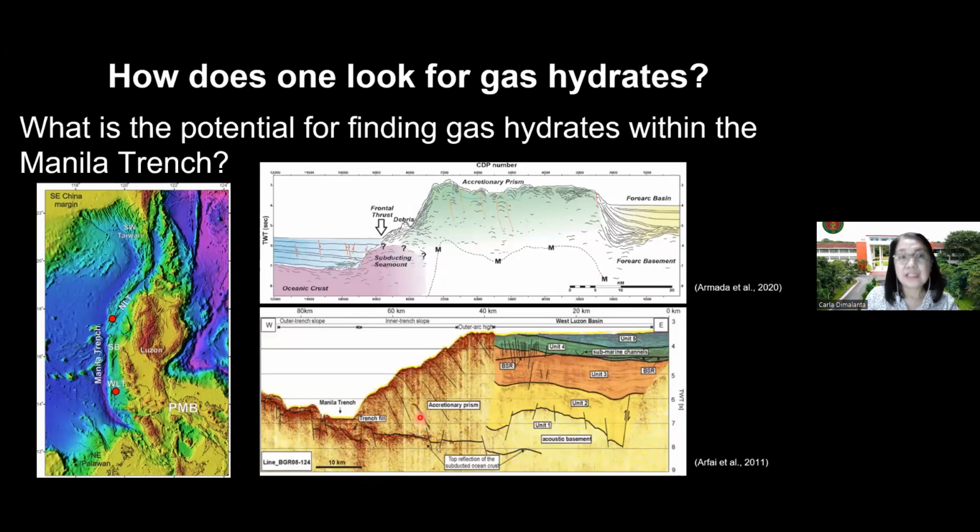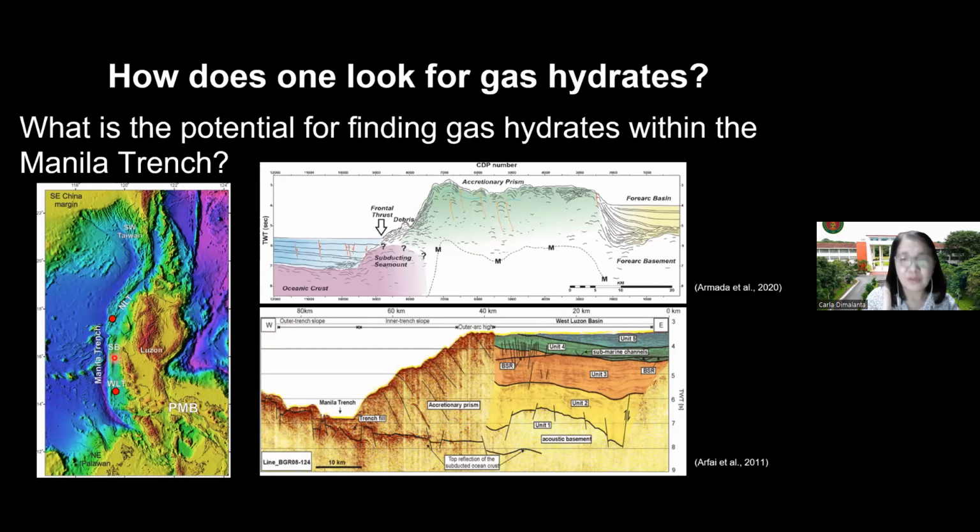So aside from that work in Southwest Taiwan, which already indicates the potential presence of gas hydrates, there were also some earlier studies within the Manila Trench region that already reported the presence of BSRs or bottom simulating reflectors. Bottom simulating reflectors are our clue to the gas hydrate.